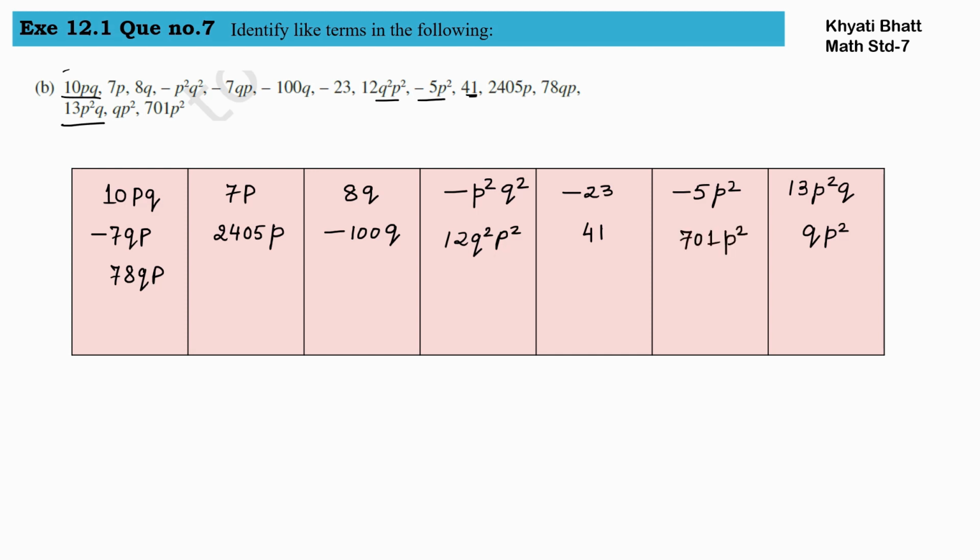So here these are like terms for PQ, these are like terms for P, these are like terms for Q. Here P square, Q squares, these are constants. Then comes P square and then comes P square Q.